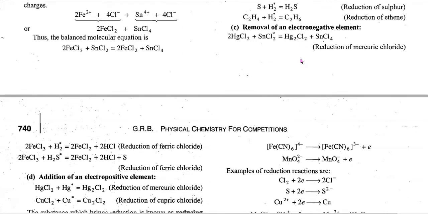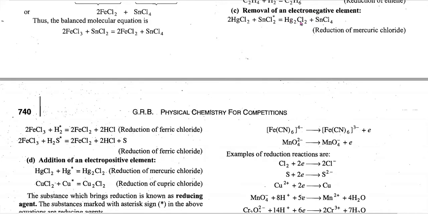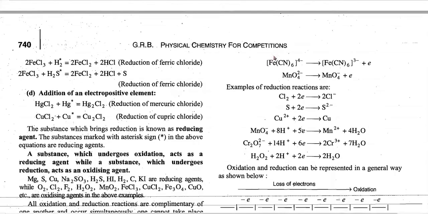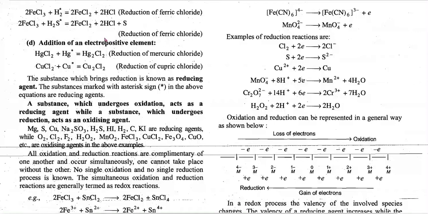Okay. Another example of the same kind of reduction reaction is here. FeCl3, when it reacts with hydrogen, forms FeCl2 plus 2HCl. FeCl3 is ferric chloride. Ferric chloride on reaction with hydrogen is converted into ferrous chloride.